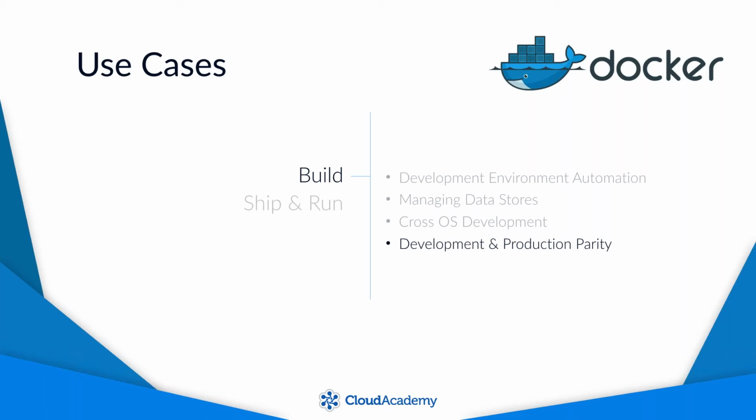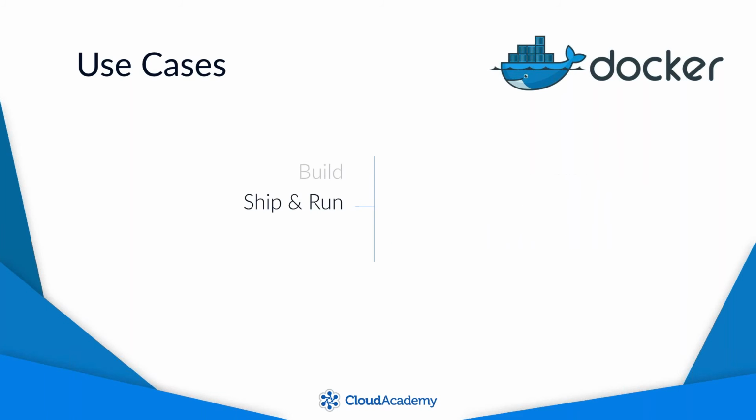So now let's move on to ship and run applications. I'll be clear with you, this is sort of my favorite topic, so I'm kind of slanted in this way, but standardizing your production infrastructure is a big one. This is a really massive thing.